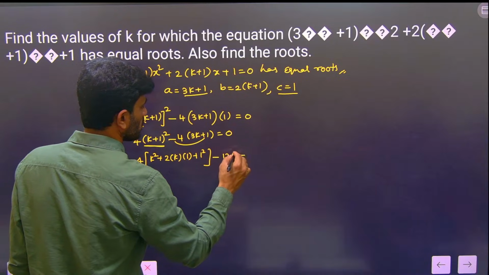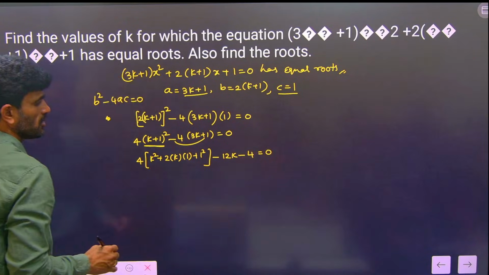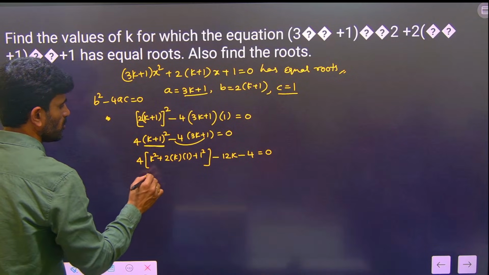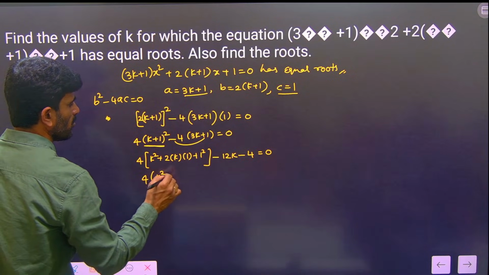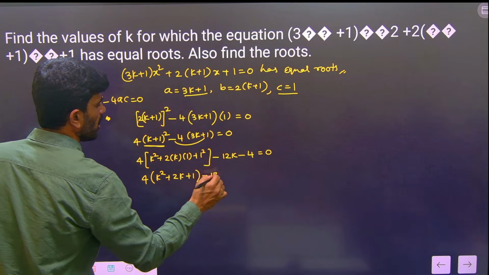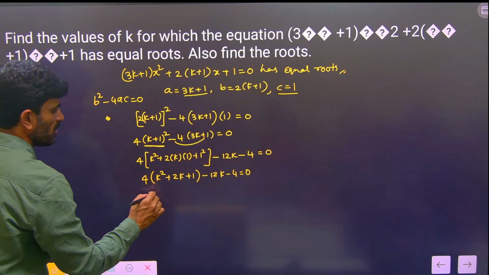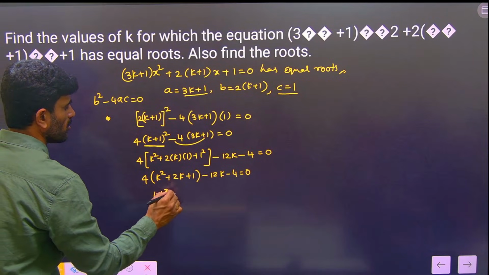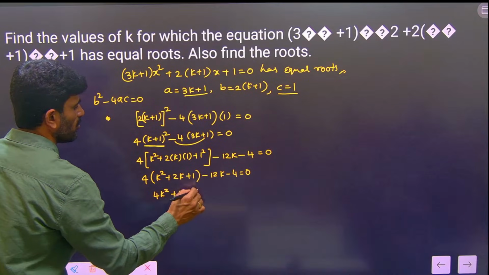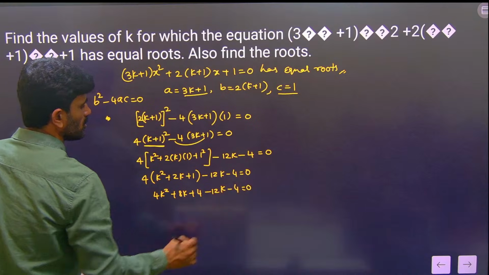When you are removing bracket, that minus should be multiplied. Minus 4 into 1, minus 4 is equal to 0. Now this is 4 into k square plus 2k plus 1 minus 12k minus 4 is equal to 0. Now multiply 4 also here. It becomes 4k square plus 8k plus 4 minus 12k minus 4 is equal to 0.